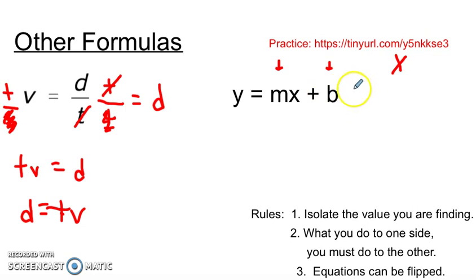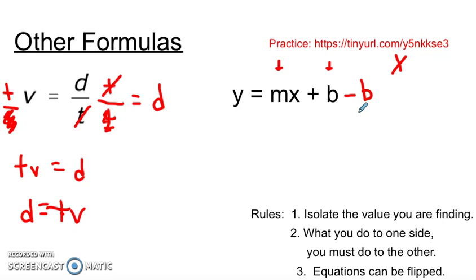So how do you think you can get rid of this b here? What can you do to both sides? What you can do is subtract b. So whatever number b represents, if you subtract it, it will be nothing. So if b were 10 and you subtract 10, then that means there's really nothing left.